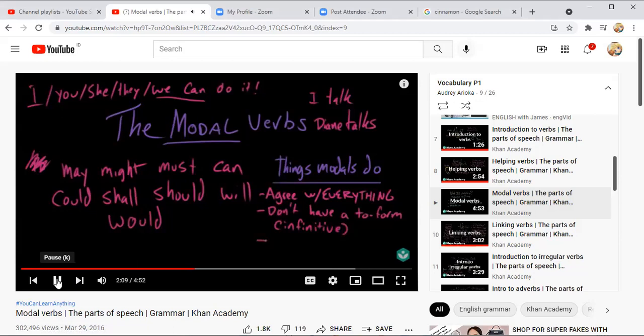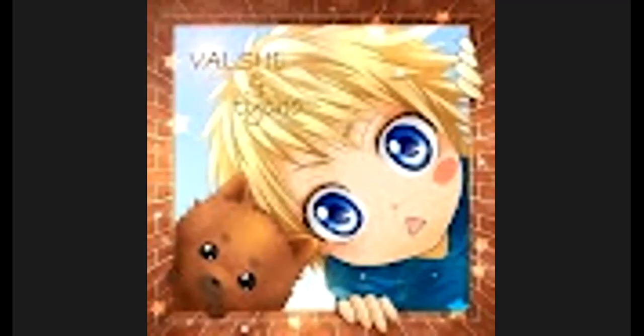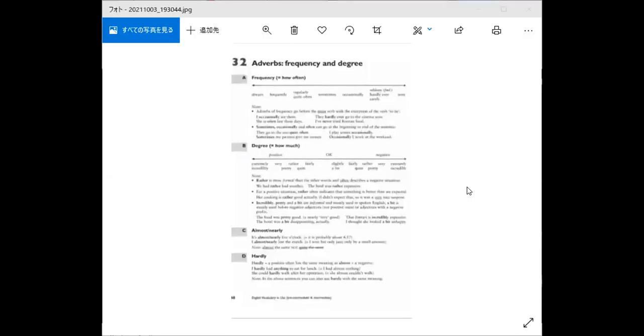And finally, a thing that modal verbs can. Okay, so the teacher here talks about to infinitive. Jadi ada to infinitive, like, let me show you. Oh, is it this one?